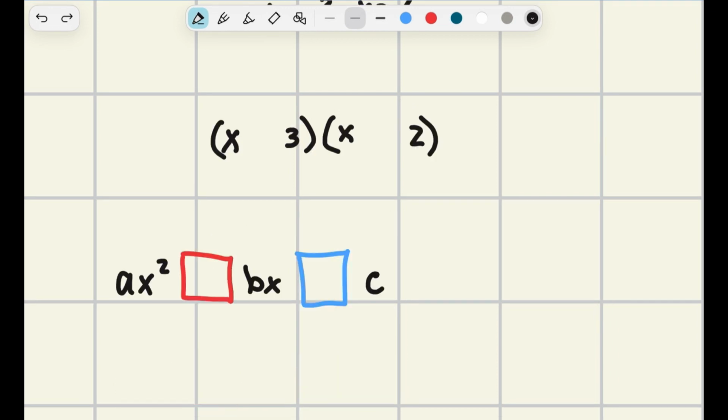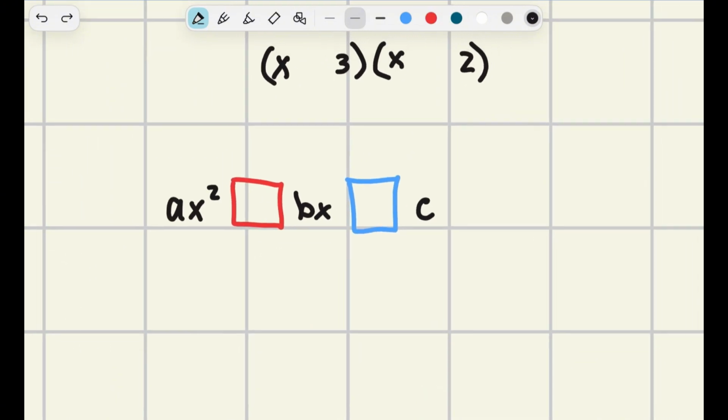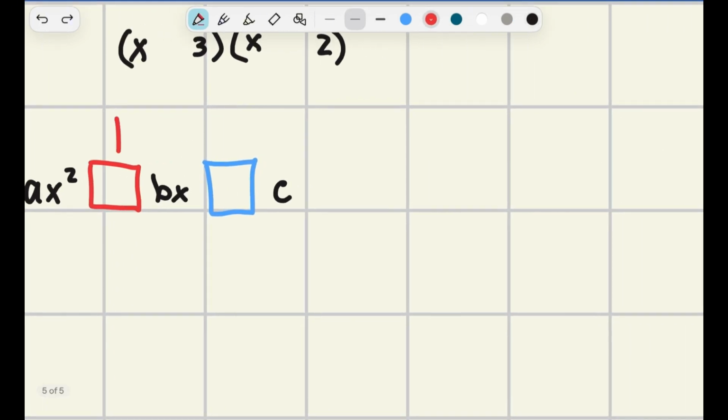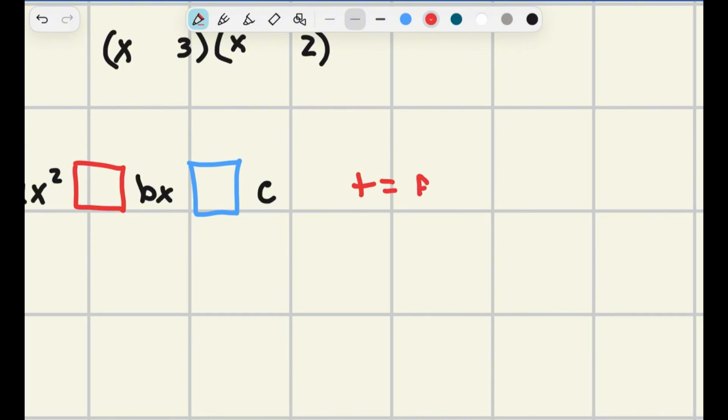To figure out the sign that goes inside, you have to look at your first sign and your second sign in the original equation. So let's say that your first sign was a positive. That means that the first number, or the first bracket, or answer, whatever it may be, in this case 3, is going to be positive.